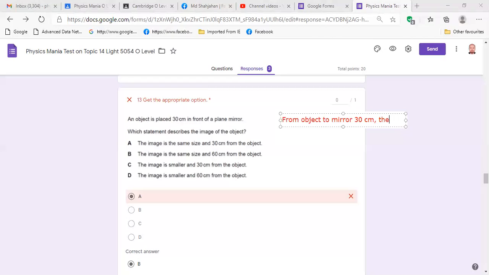Then from mirror to image another 30 centimeter, right?